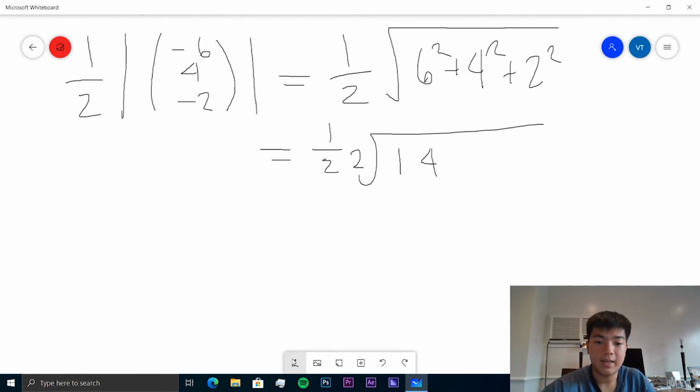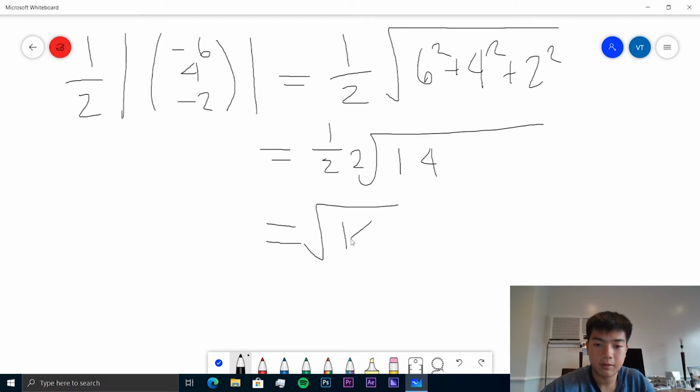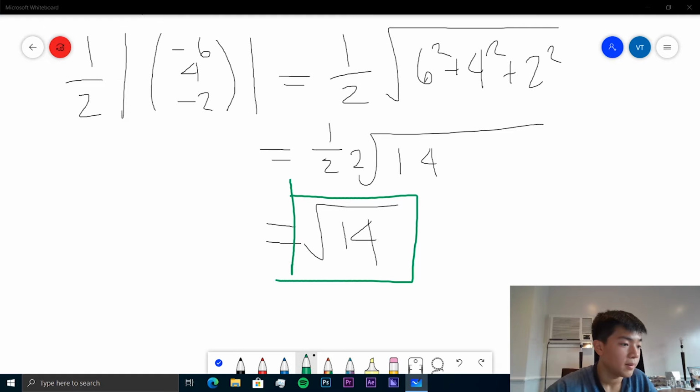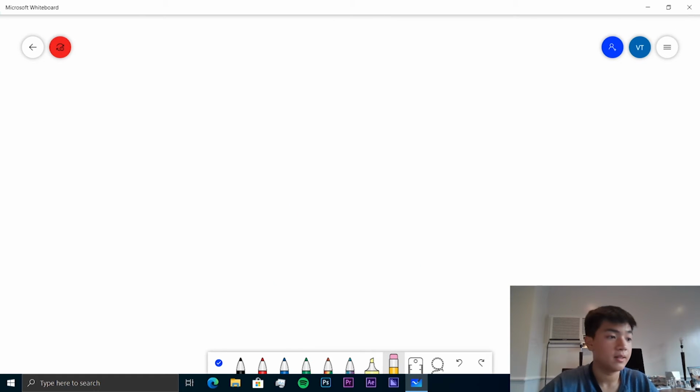So the area of this triangle should be equal to square root 14. Nice. Yeah, so I think that the book is wrong. Anyways, on to the next question.